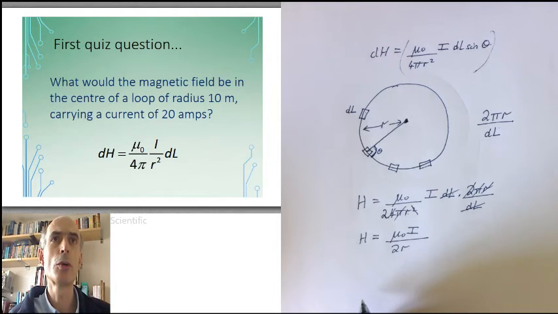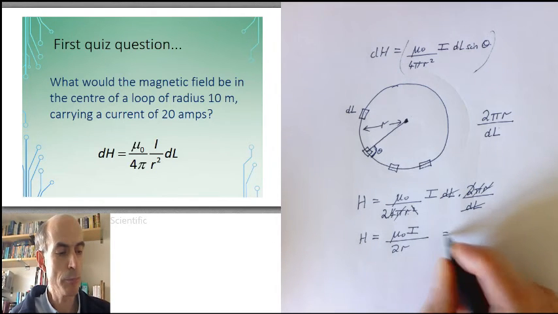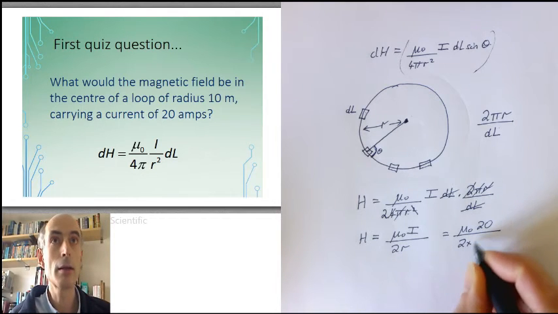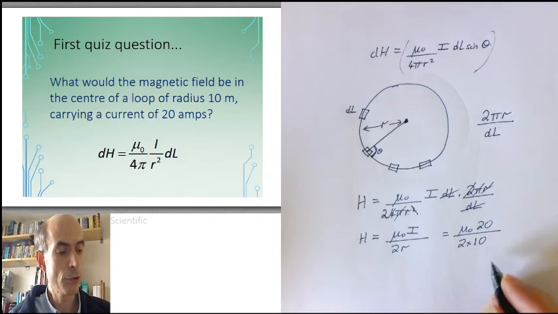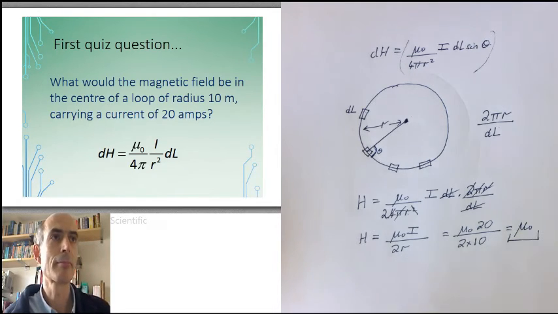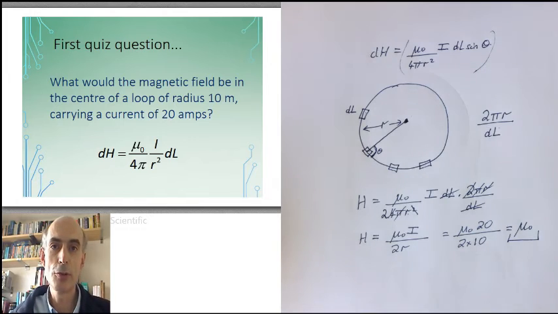In this case, we're told that the current is 20 amps and the radius is 10 meters. So the answer is just mu naught times 20 over 20, where mu naught is the constant known as the permeability of free space. And that's about the hardest calculation of magnetic field that we're going to be attempting in this module. They do get harder later.